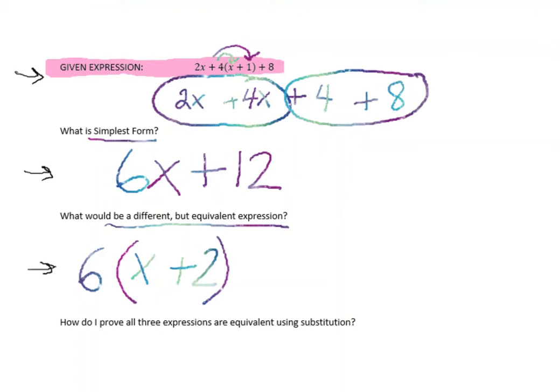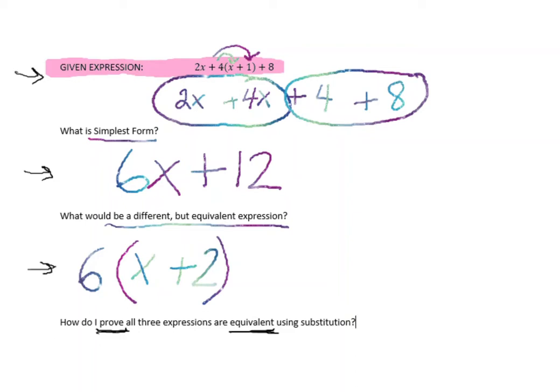Let's prove that all 3 of these expressions are equivalent by choosing a number and substituting that number for x. They're equivalent if any number we choose produces the same value. That would prove that they're equivalent.